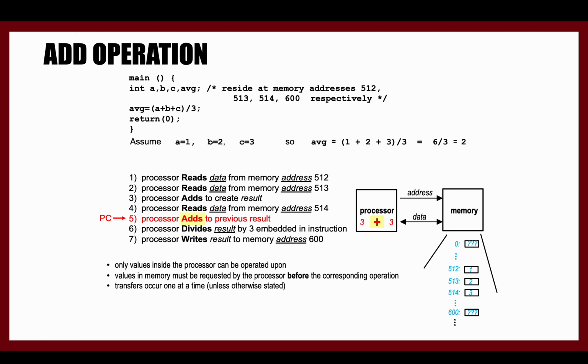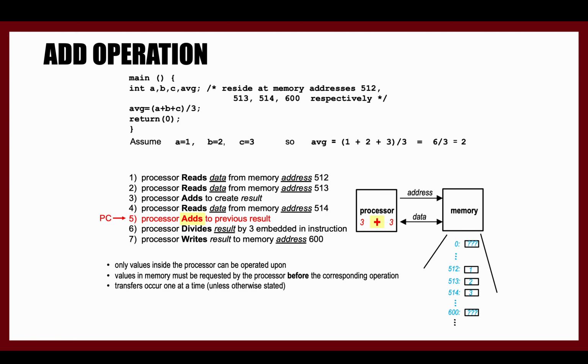Now I'll tell you how the processor performs the addition operation for the program. After reading values from memory addresses 512, 513 and 514, the processor adds these values.